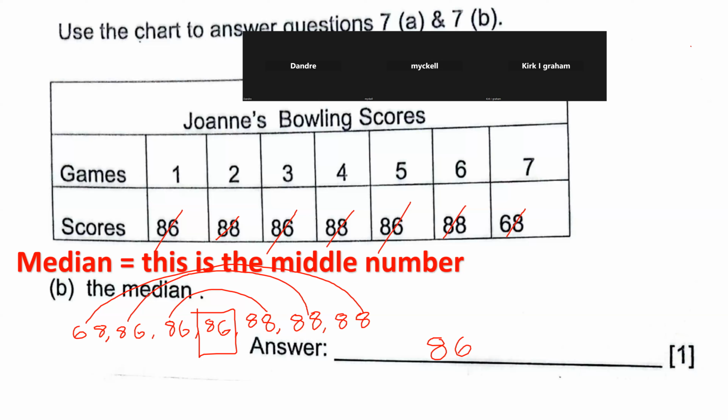We have to write it from lowest to greatest. Lowest to greatest, that's correct. And then what do we have to do? We have to find the number in the middle. Very good. A number in the middle is called the what? It's called the median.